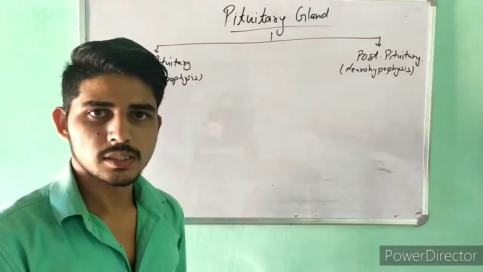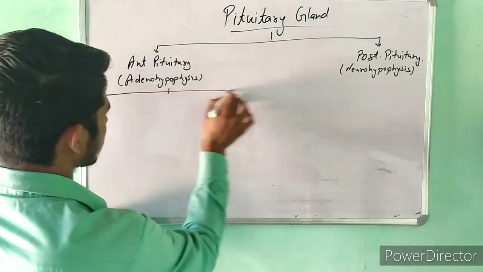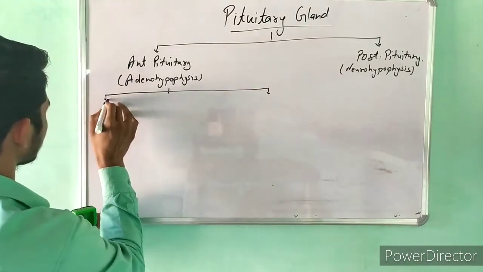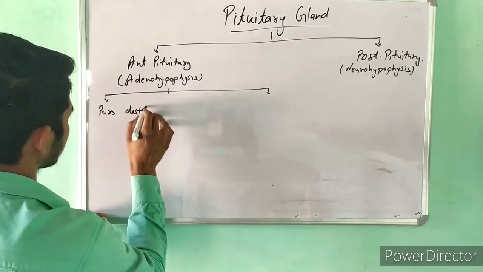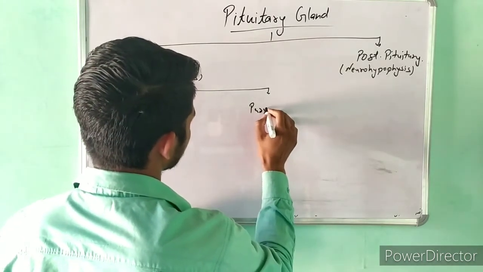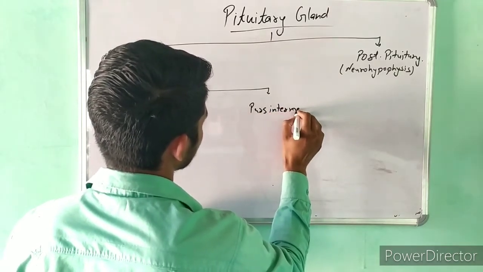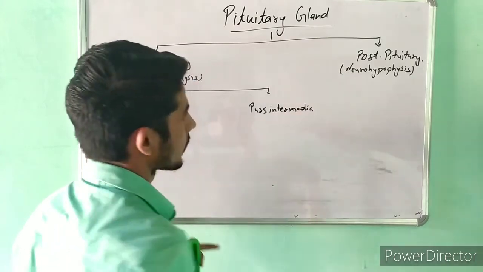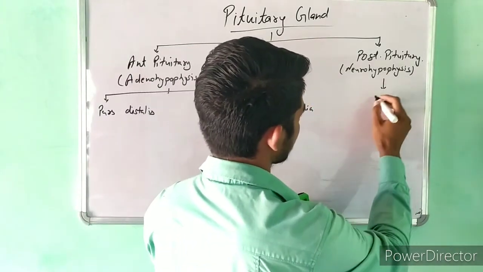The anterior pituitary is divided into two different lobes. These are called pars distalis and pars intermedia, and the posterior pituitary has a single lobe called pars nervosa.